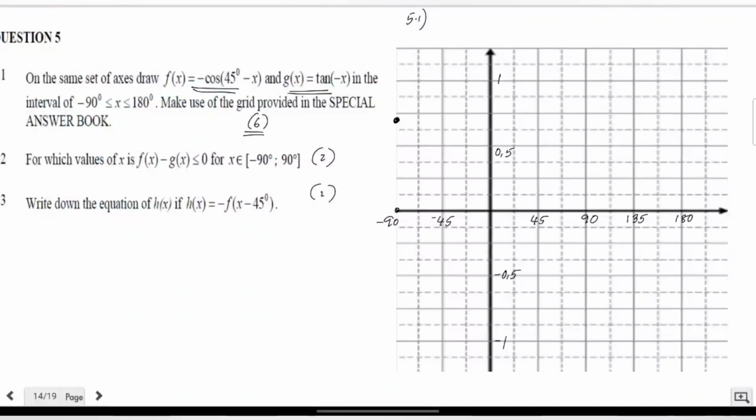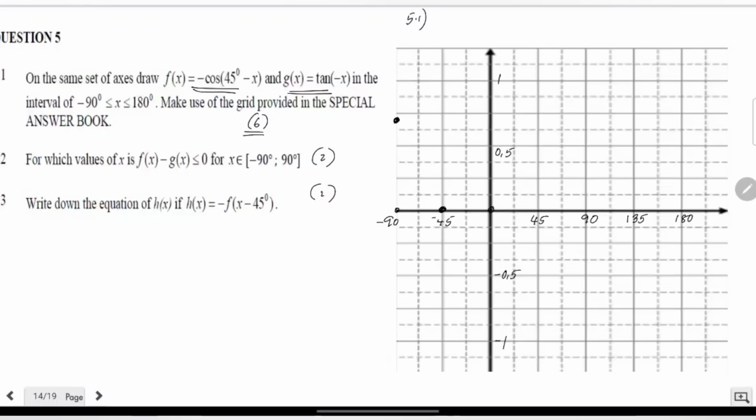Let me type it on the calculator: minus cos, bracket open, 45 minus minus 45, close the bracket, which will give you 0. So if you get 0, it means it is on the axis. Which axis here? X axis. So I got the second point. Now the third point, when the x value is 0, isn't it?